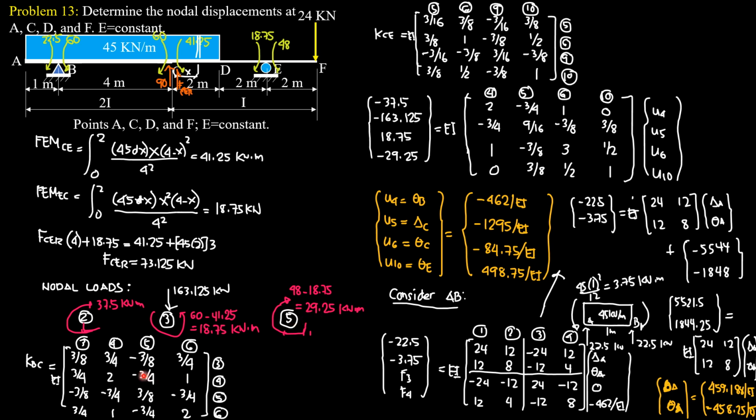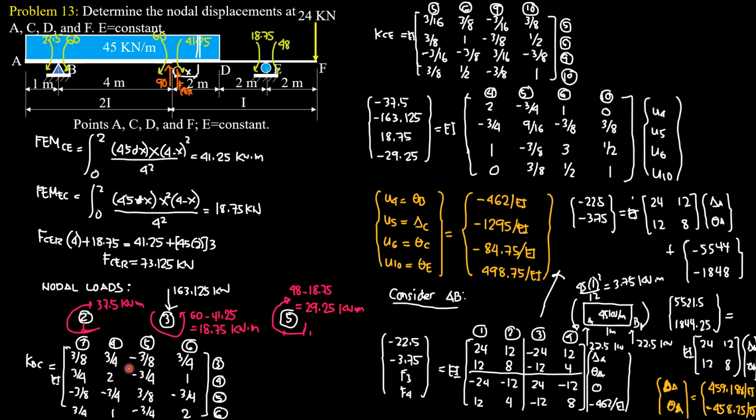So this is the stiffness of BC, 12 EI over L cubed. So 12 times 2, because EI is 2 here, divided by 4 cubed, so 3/8. For students in matrix structural analysis, you should be able to formulate this.